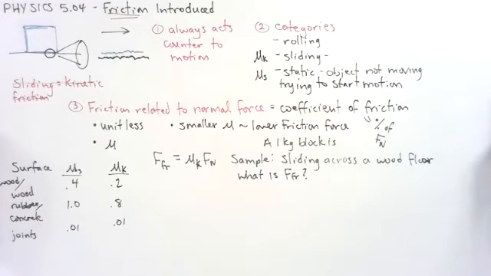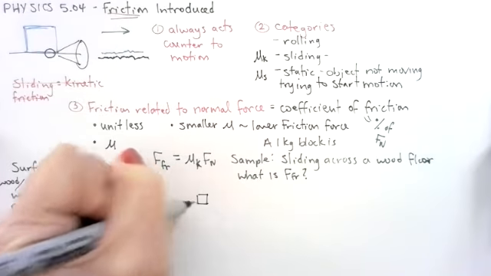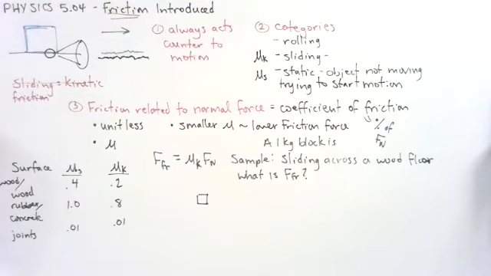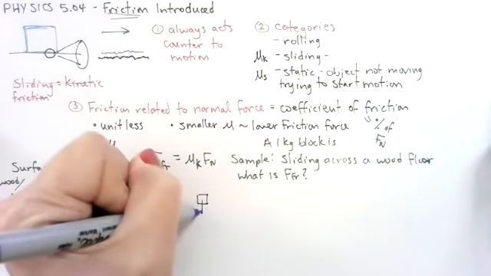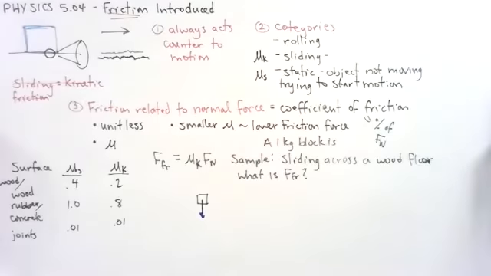All right, well, let's start off with the free body diagram. The first thing you're going to have to ask yourself is, what are my forces? Well, I've got my weight vector. My motion is here.